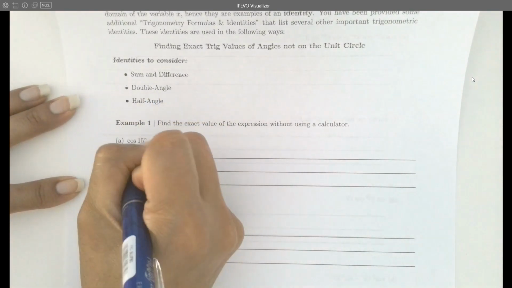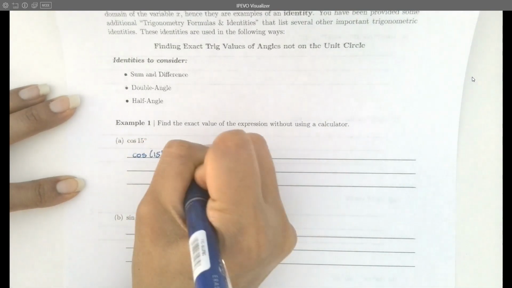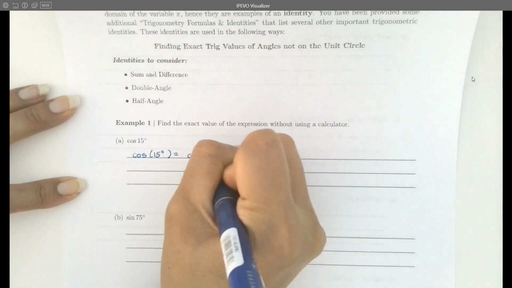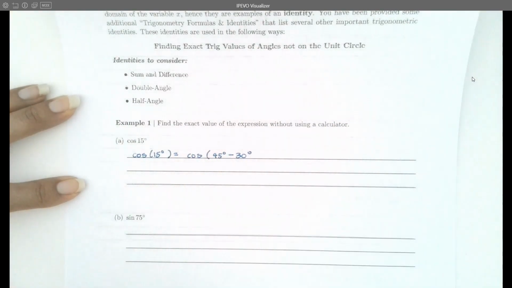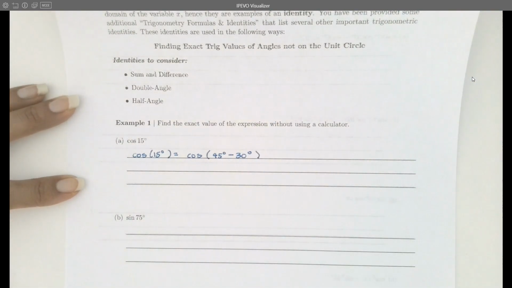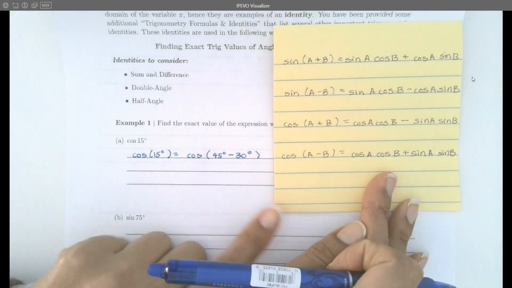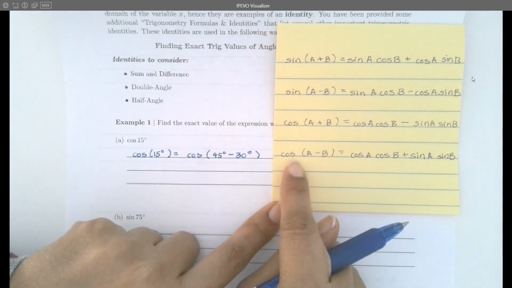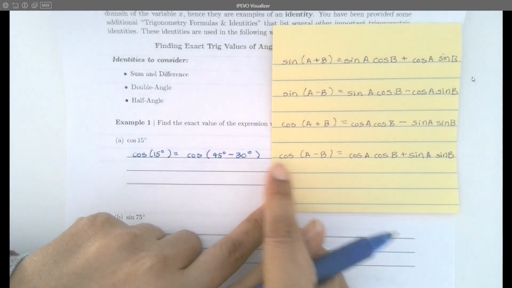So I'm going to rewrite this as cosine of 15 degrees is equal to cosine of 45 degrees minus 30 degrees. Now the reason why we would want to do that is because now I can use one of my sum and difference formulas, specifically this last one that we dissected, because it falls in line with the form, right?